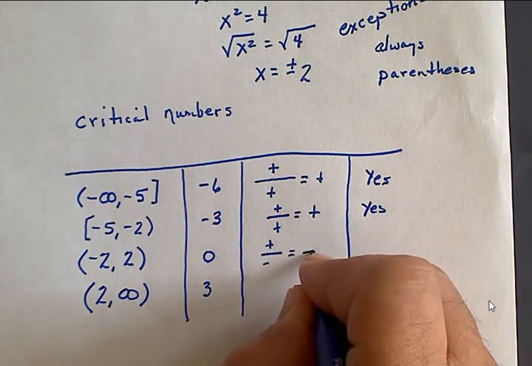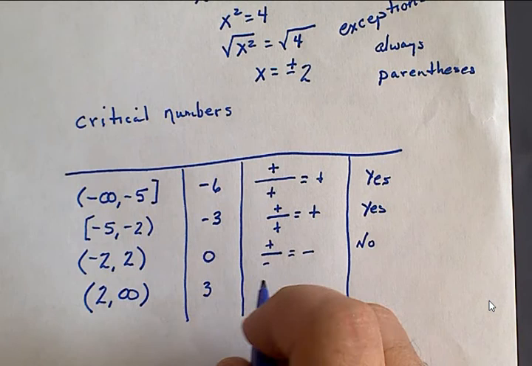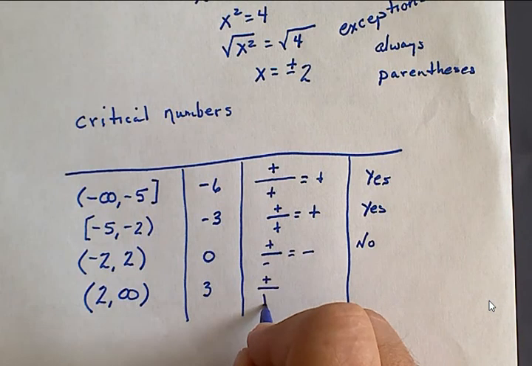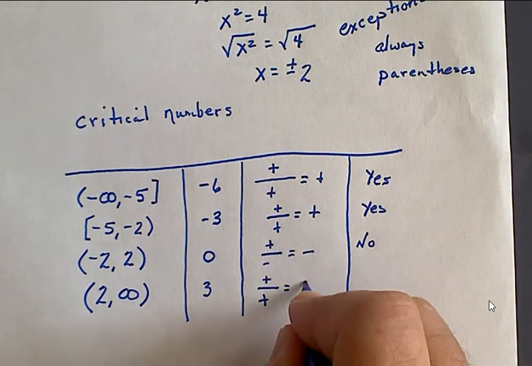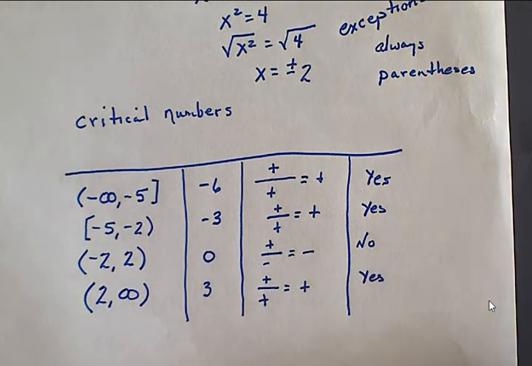So there's a no. And then the number positive 3, we're back to positive over positive. So positive there.